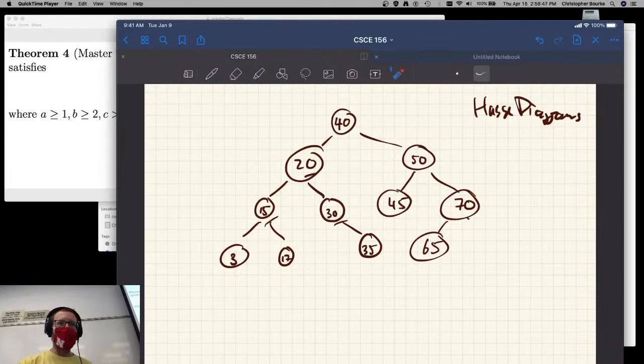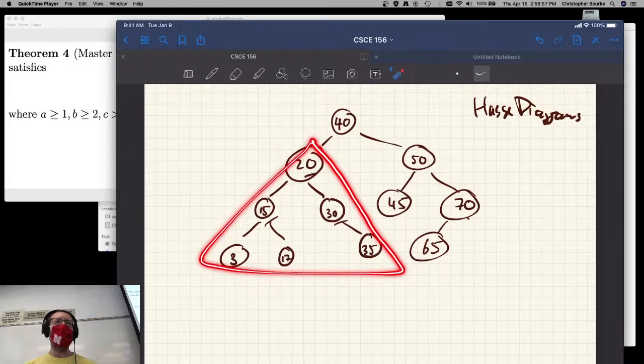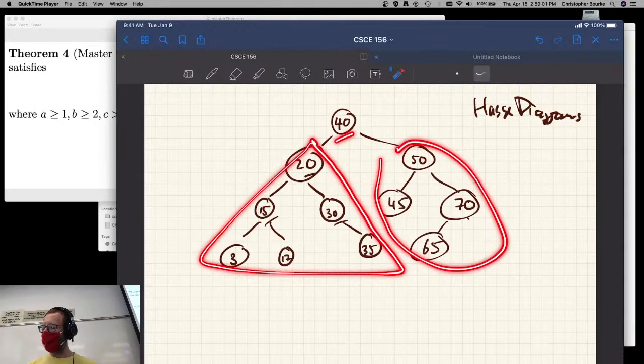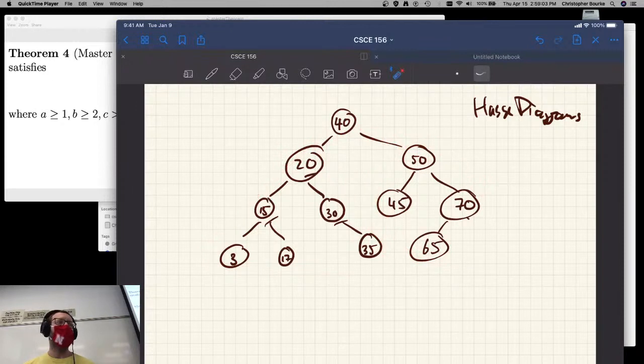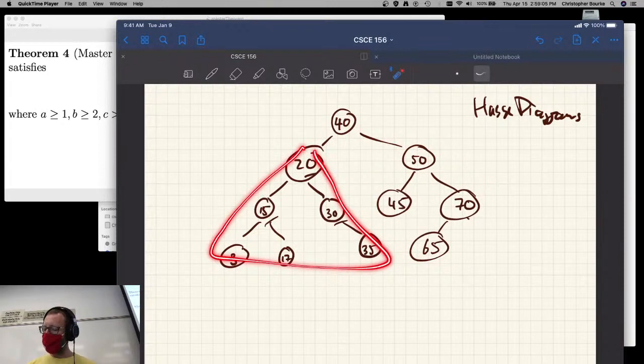And at the very last, we have key values in the binary tree. In this case, I'm just using integers. Make an observation about all the values over here with respect to 40 and all the values over here with respect to 40. Everything over here is less than 40.